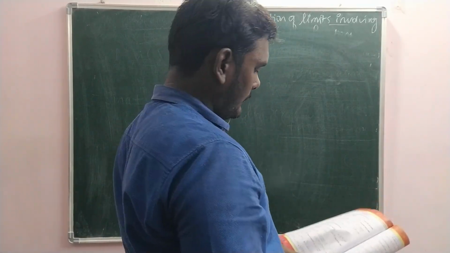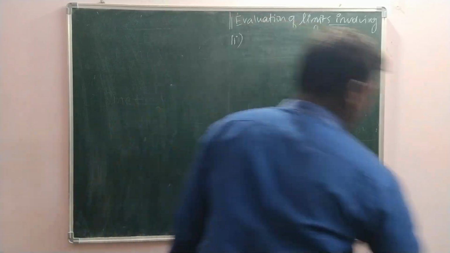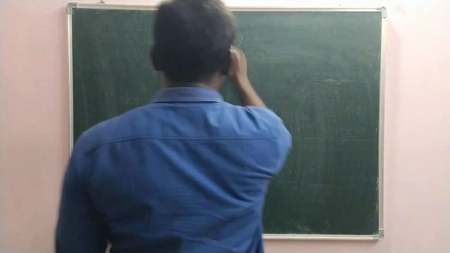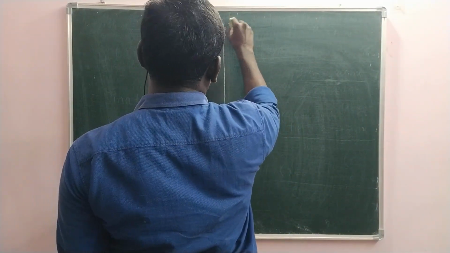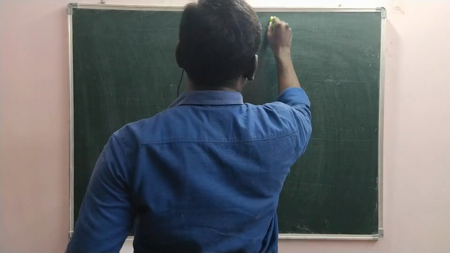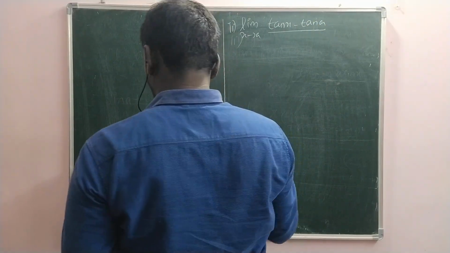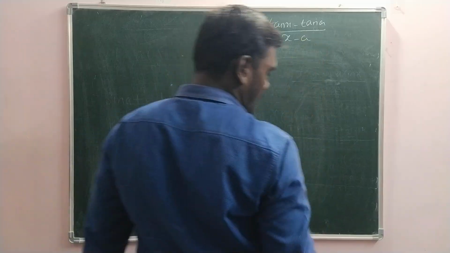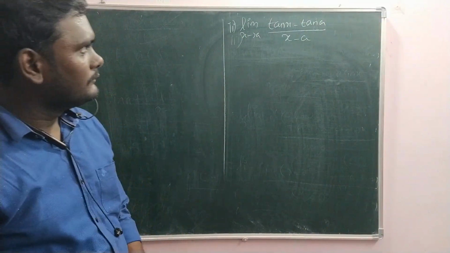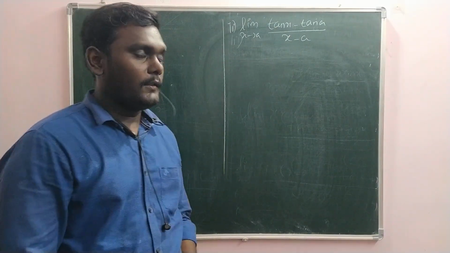Okay, next. Limit x tends to a, tan x minus tan a by x minus a. Now how to solve this? Not the same procedure. Here even if you do some things, x minus a cannot be taken as common.